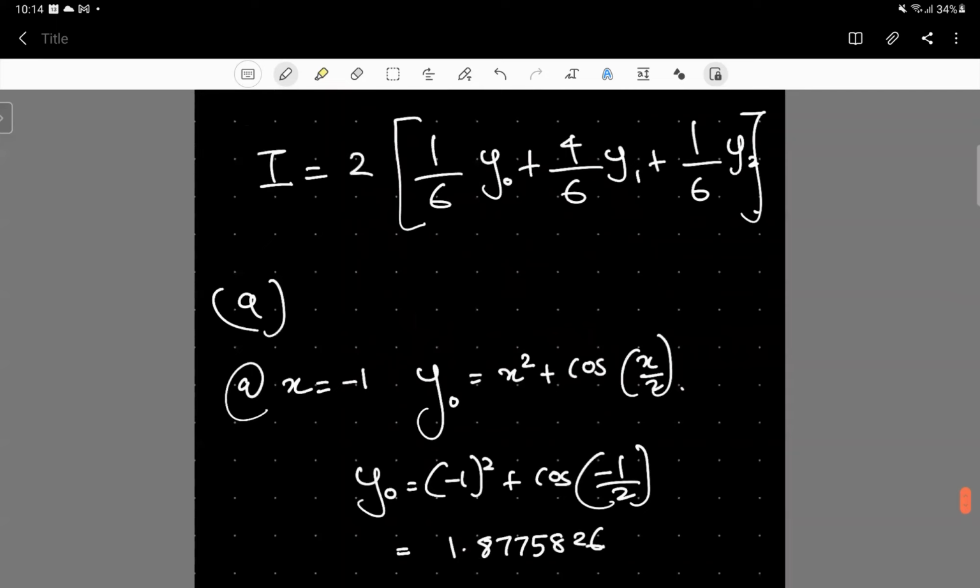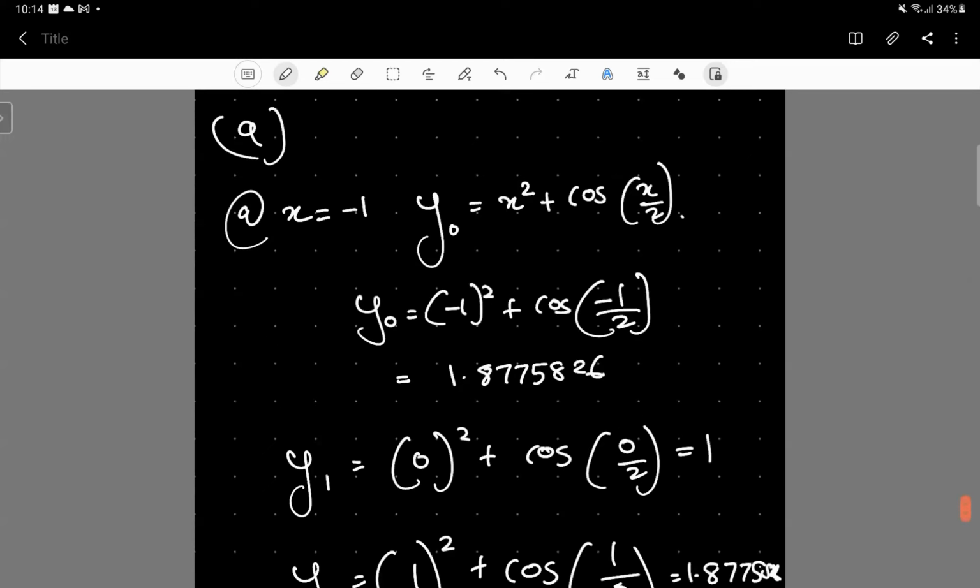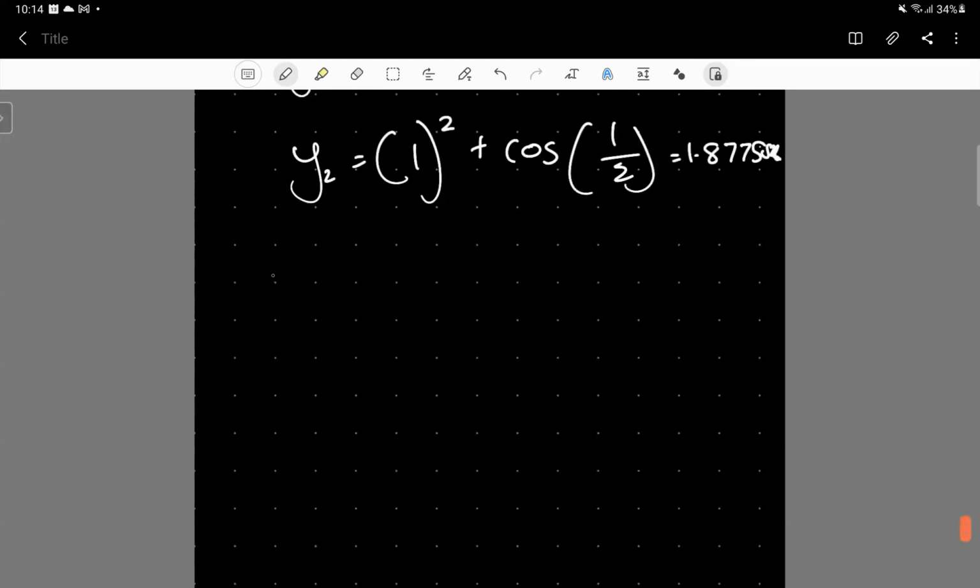So we can use the equation which we would like to use when we are using the 3-point Newton-Cotes quadrature integration method. And let's try to evaluate this integral.